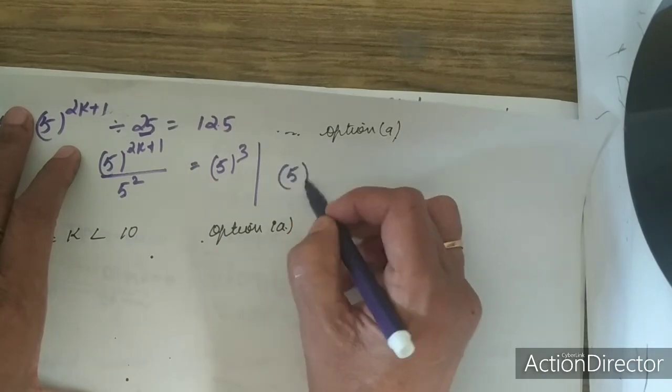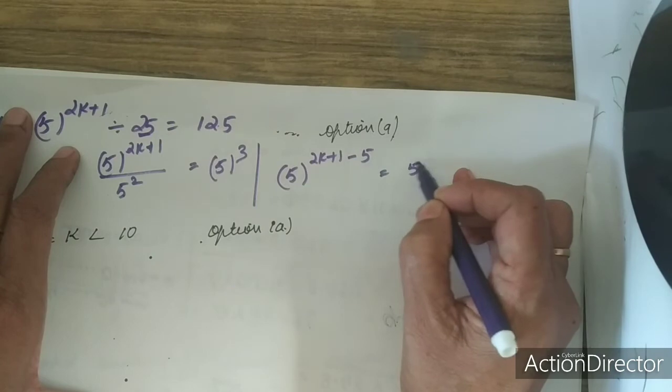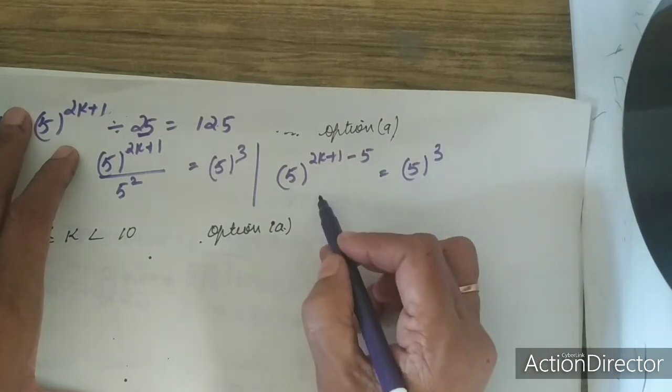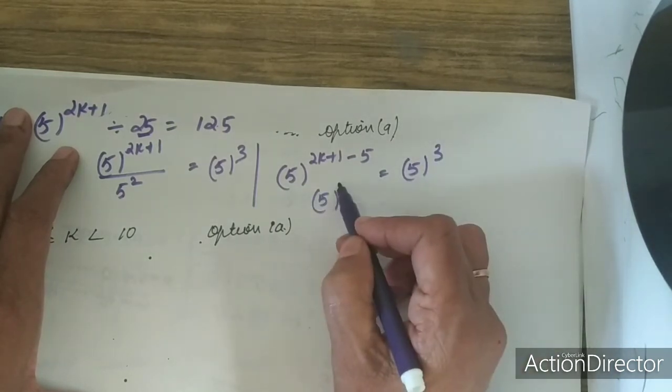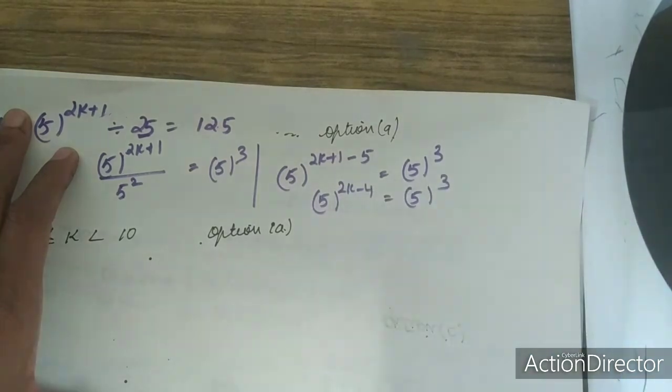So 5 raised to the power of 2k plus 1 minus 2 is equal to 5 raised to the power of 3, or 5 raised to the power of 2k minus 1 is equal to 5 raised to the power of 3.